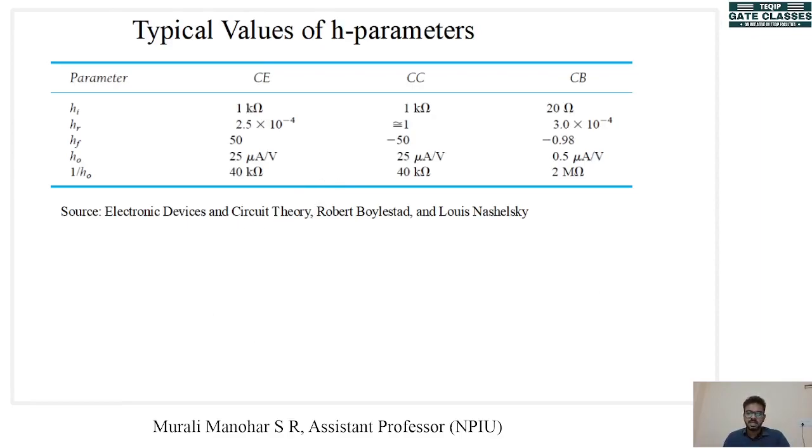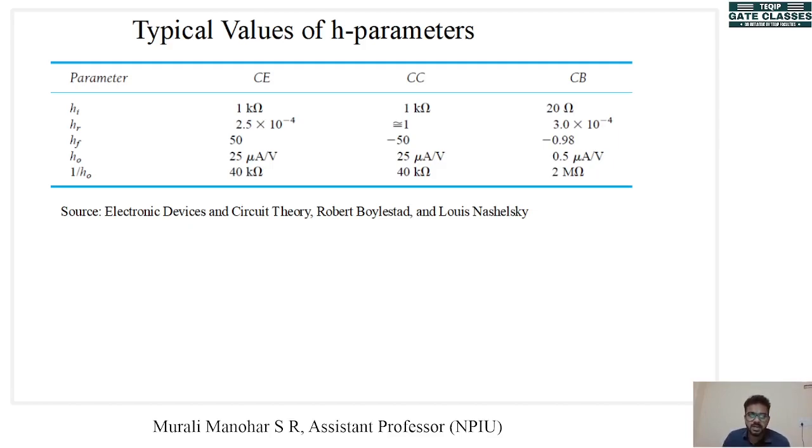Now we can see how we can find out our most important 4 parameters for this H parameter model. And before finding that out, we'll first draw a circuit without defining any configuration. We'll draw a general circuit for this amplifier. Then we'll try to find out the parameters of that particular amplifier.